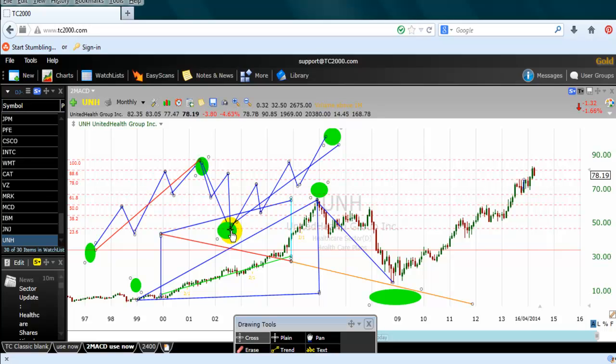So very often, as I explained to you, there is a high chance that at the end of the correction, we may see a new motive wave. So A to B may be one motive wave, the B to C correction, another motive wave starting from C to D. Now we have the A, B, C, D chart pattern.